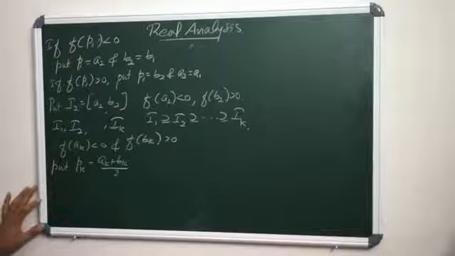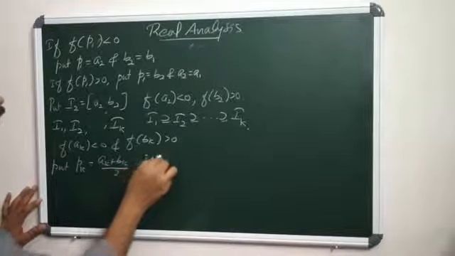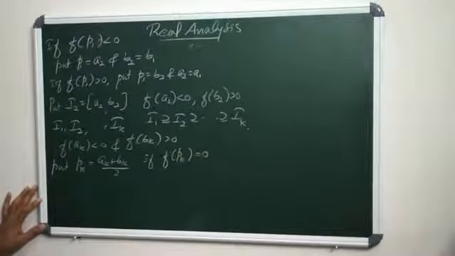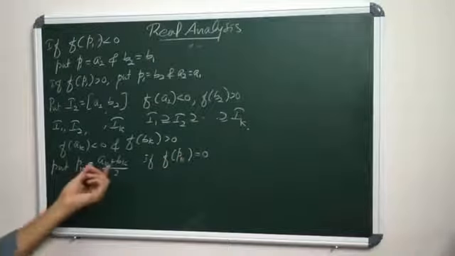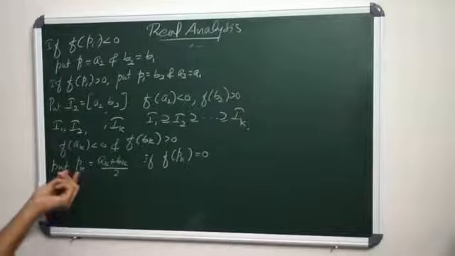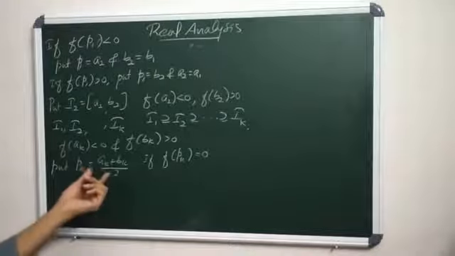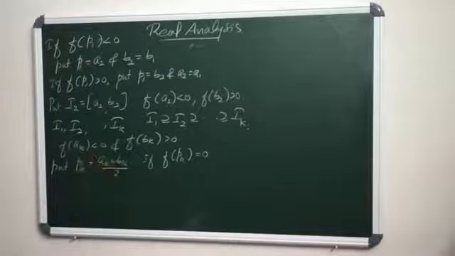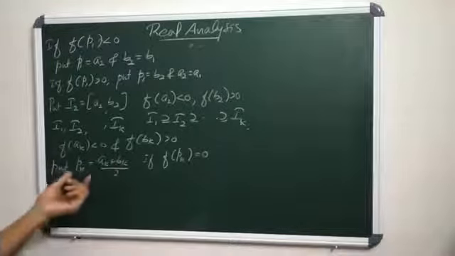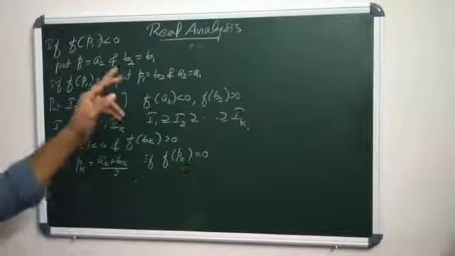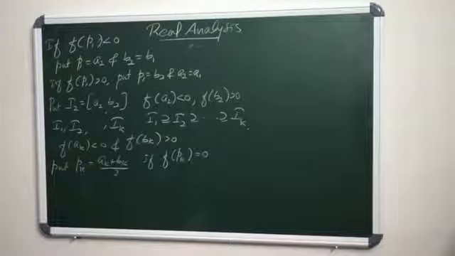So pk equals (ak plus bk) by 2. If f(pk) equals 0, then we are finished. Why? Because (ak plus bk) by 2 means pk, and pk lies in the open interval (a, b), because Ik is a part of I. Clear? So pk falls in the open interval (a, b) with f(pk) equal to 0. So you can replace this pk by c, f(c) equals 0.